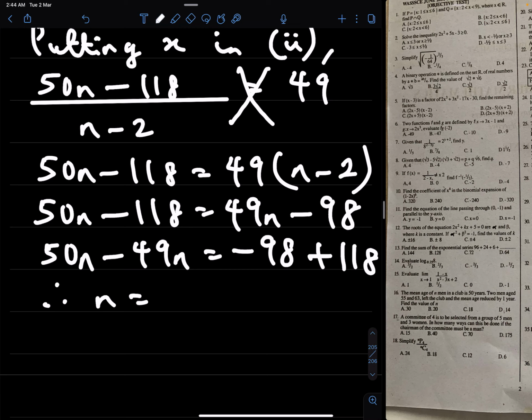Now to the next very quickly. That's number 17. A committee of 4 is to be selected from a group of 5 men and 3 women. In how many ways can this be done if the chairman of the committee must be a man?